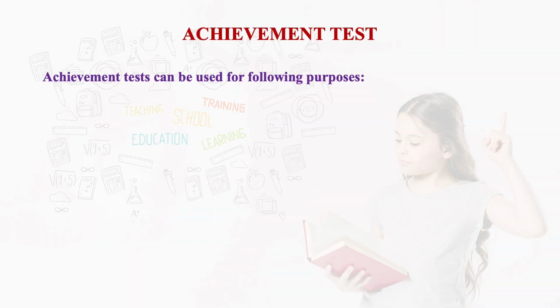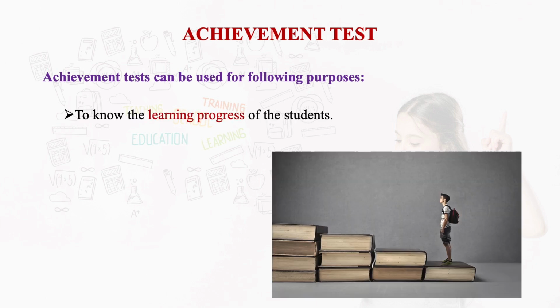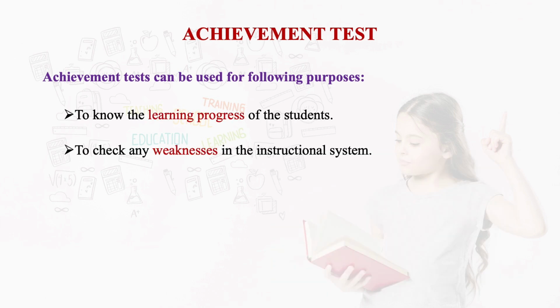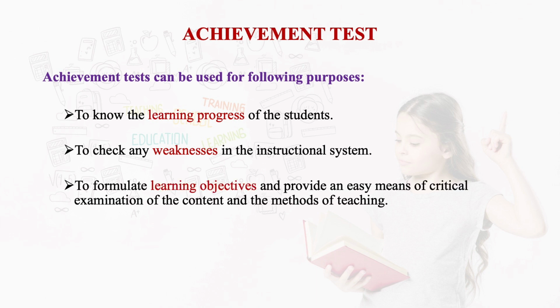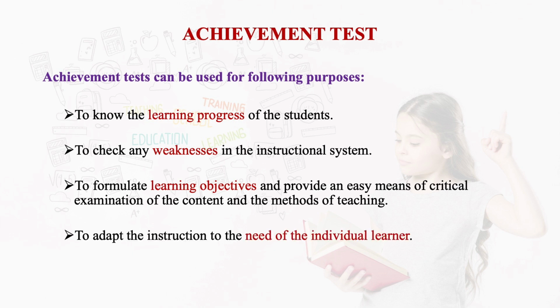Let us go forward. Further, to understand achievement tests, we can say that an achievement test can be used for the following purposes. First of all, to know the learning progress of the students, to check any weaknesses in the instructional process, to formulate learning objectives and provide an easy measure for critical examination of the content and the methods of teaching, further to adapt the instruction to the needs of the individual learner, and the last purpose is to know the effectiveness of any academic program.